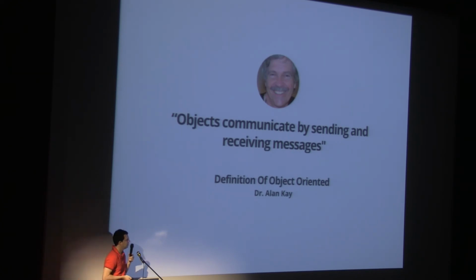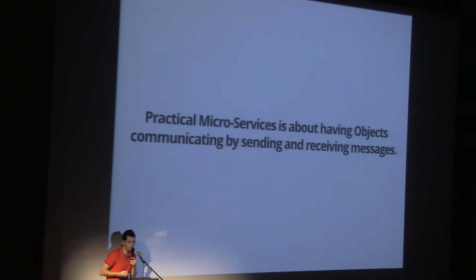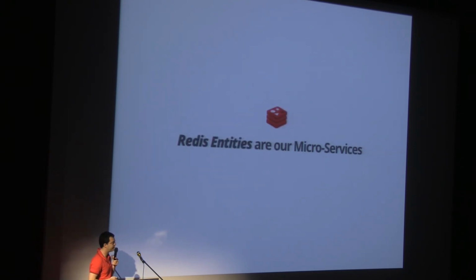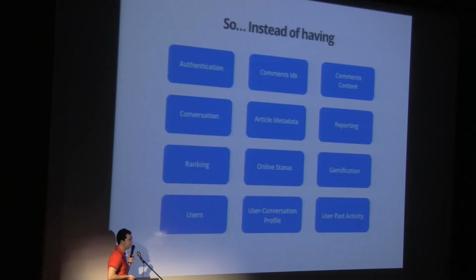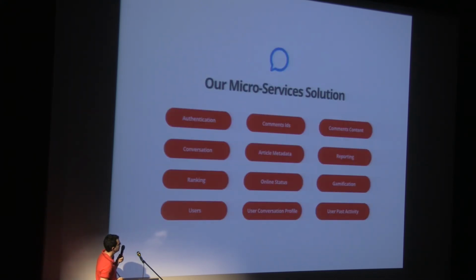Now, what did the father of object-oriented programming say? He says that objects communicate by sending and receiving messages, right? So practical microservices is about having objects communicate by sending and receiving messages. So Redis entities are our Spot.IM microservices, and instead of having this, in real life we have many Redises and many Redis entities, and we fetch them all at the same location.